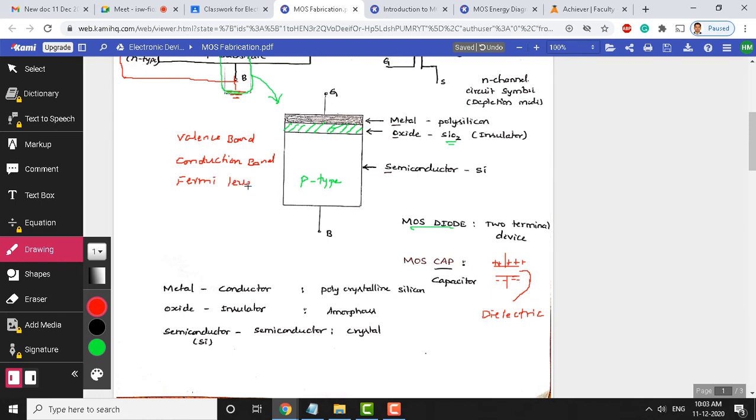Just recap the intrinsic energy level. These things you need to understand when we have different sorts of materials here. So, why do we need to study the energy band diagram of the MOS capacitor or MOS diode, or 2 terminal MOS structure here?